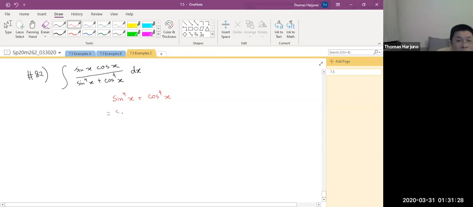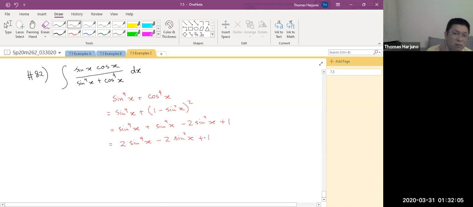This is sine to the 4th x plus 1 minus sine squared x, being squared. So this is 2 sine to the 4th x minus 2 sine squared x plus 1. Is it right?